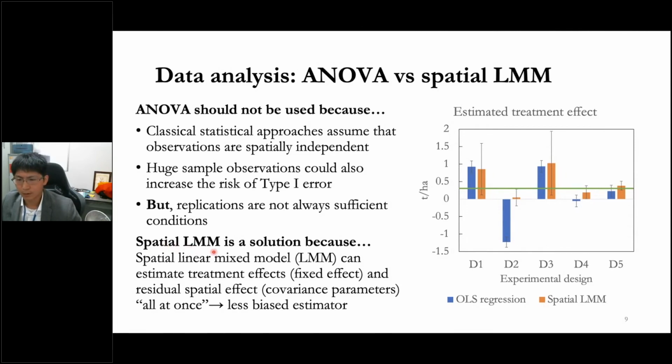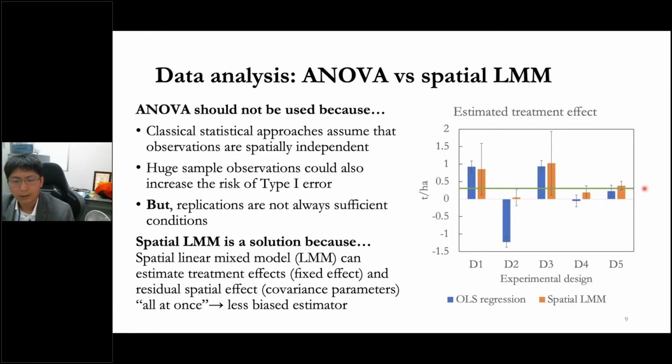To compare the precision of the statistical outcomes between conventional and spatial linear mixed models, we simulated on-farm experimentation for wheat with 5 different experimental designs. This is a bar plot showing estimated mean values of a treatment's effects and their 95% confidence intervals. In this simulation study, wheat yield was set at 0.3 ton per hectare higher in treatment plots than control plots, as indicated by this green line.